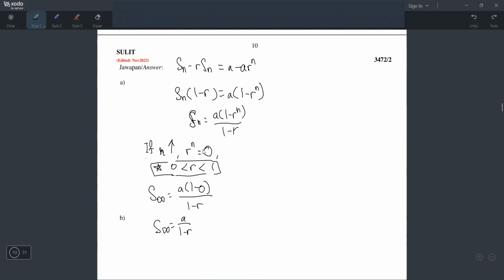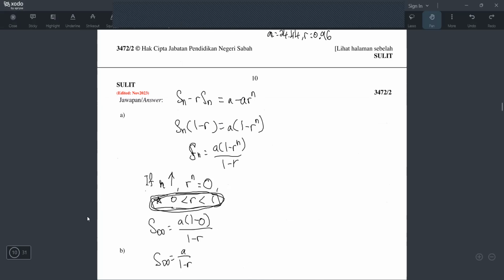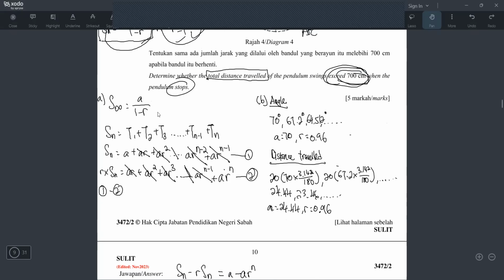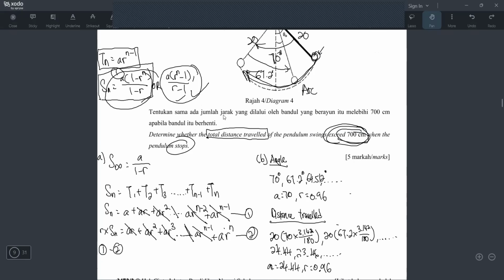It means 0 point something. What happens if you increase the power? The whole thing here will be 0, right? So what you're finding now is actually the S infinity, because you want it until it stops.